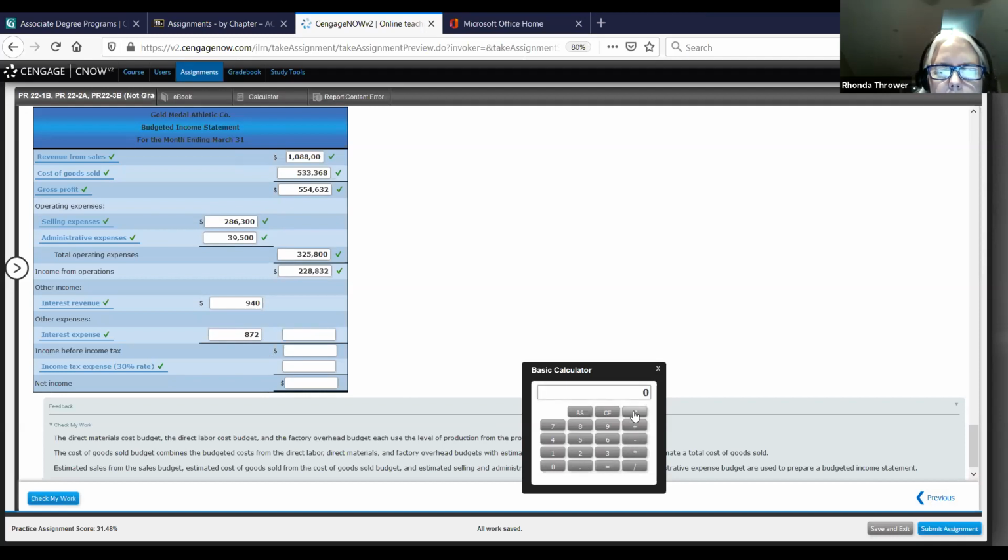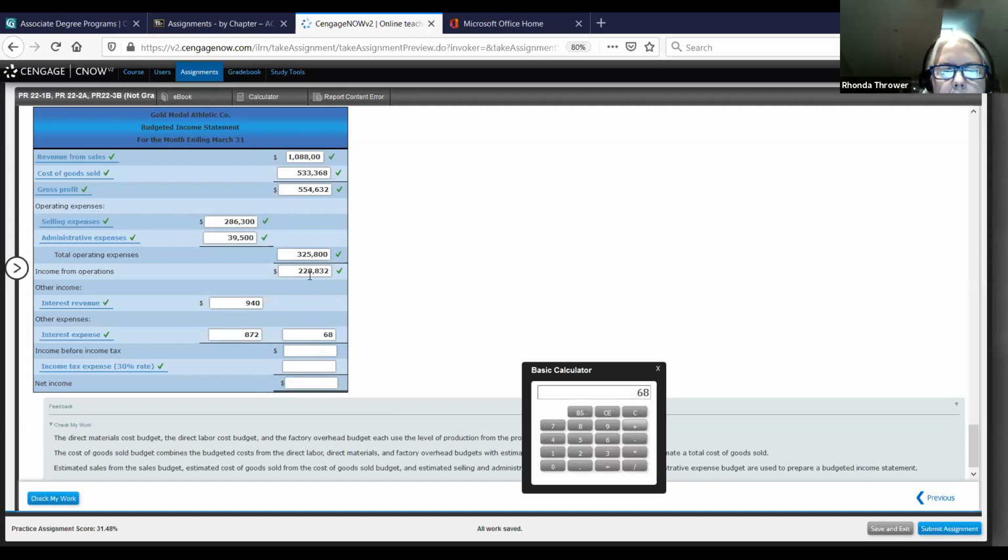of not that. So let's try it again. 940 minus 872 equals $68. Since my revenue was more than my expense, this is going to be added to the income from operations to get the income before taxes.